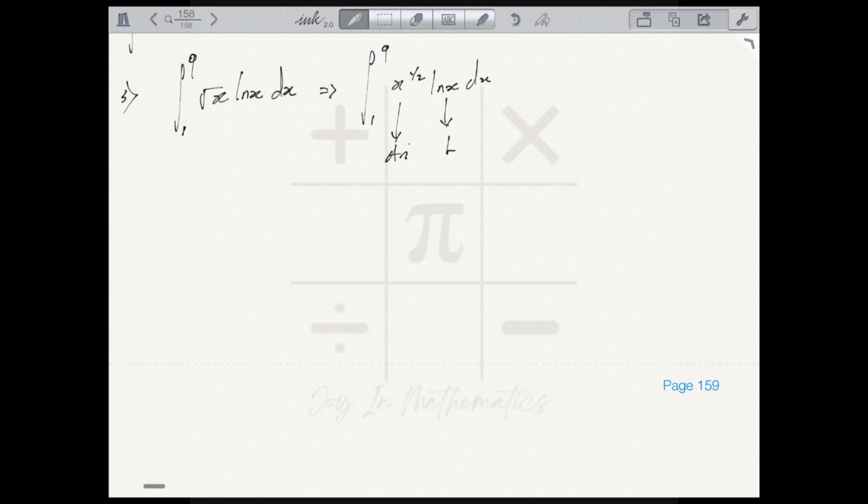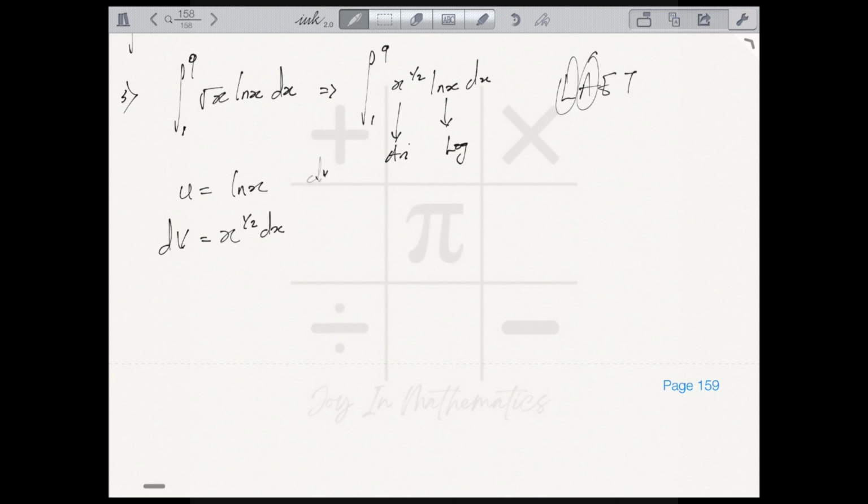Now x raised to power half is arithmetic, ln x is logarithm. So if we compare with LEET, obviously we know that ln x is equal to u and our arithmetic is equal to dv. So u will be equal to ln x and our dv is equal to x raised to power half dx.